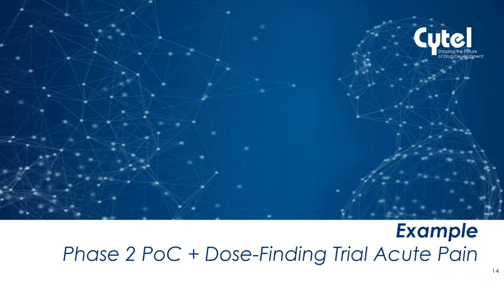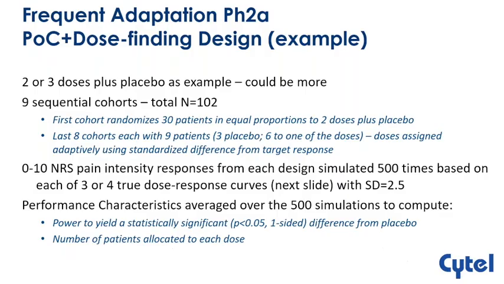So let's now look at an example. This is a frequent adaptation, proof of concept plus dose finding design. I consider either 2 or 3 doses plus placebo. An advantage of adaptive dose finding designs is to include more doses than normally would be included because we're minimizing randomization to doses that are either ineffective or overly toxic.